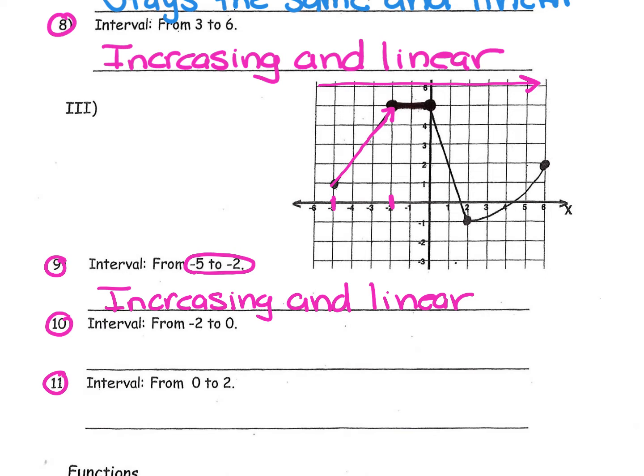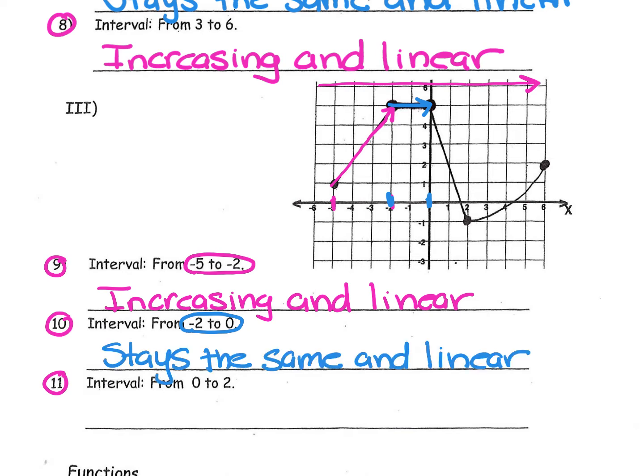Let's check out the next section. From -2 to 0, from here to here, we can see that our function is straight and linear. It really stays the same. So we would write stays the same and linear.